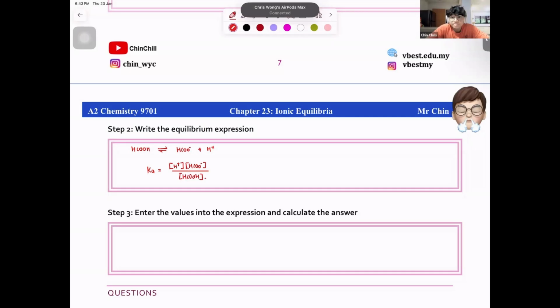And HCOO minus and H plus are the same, so this entire equation can also be written as H plus squared over HCOOH.